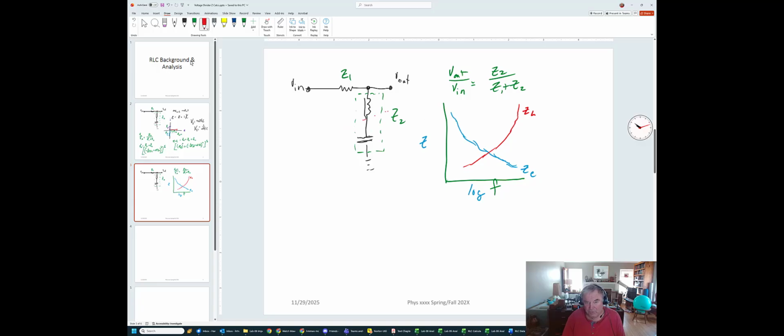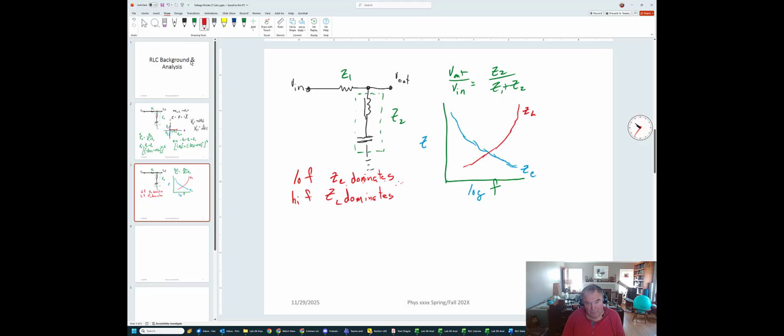So in a series circuit, when we're at low frequency, so at low F, Z of C dominates, and at high F, Z of L dominates.